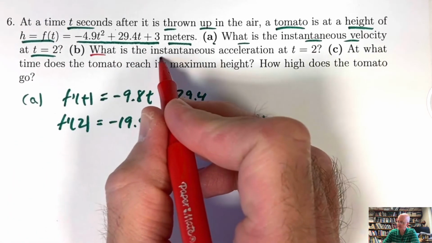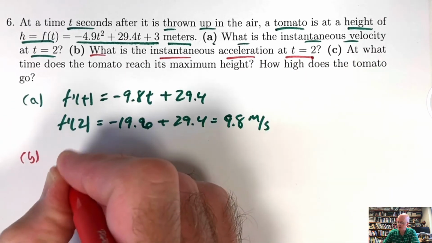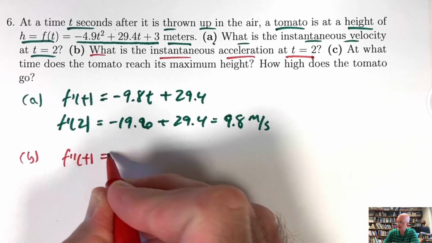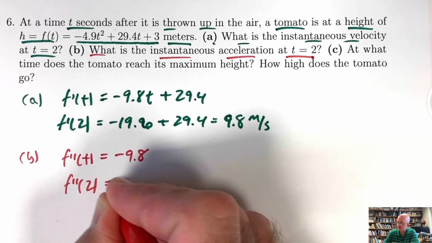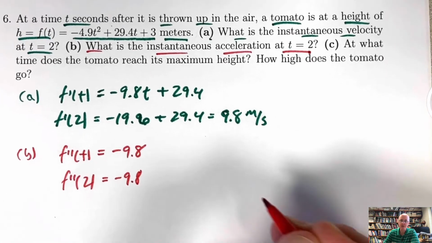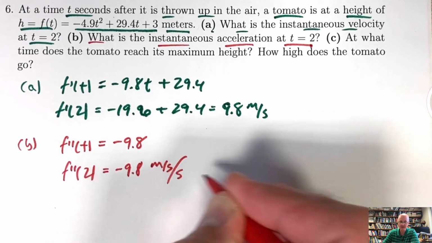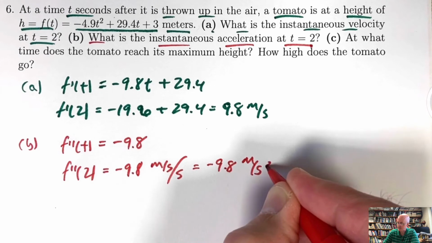B says, what is the instantaneous acceleration at t equals 2? Acceleration is found by taking the second derivative. Differentiate the first derivative, you're going to get a constant, negative 9.8, and so therefore f double prime of 2 is also negative 9.8. Units are different though. This is acceleration, meters per second, commonly written as meters per second squared, but that's just shorthand.